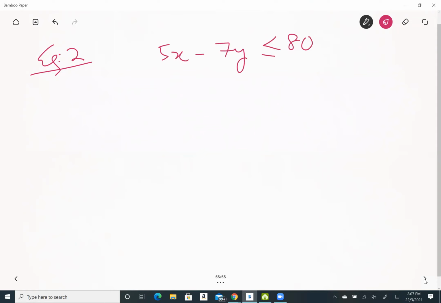I want you to draw the inequality. You can draw on the same graph as the example. Now, test point, just use 0, 0. Okay, do it now.